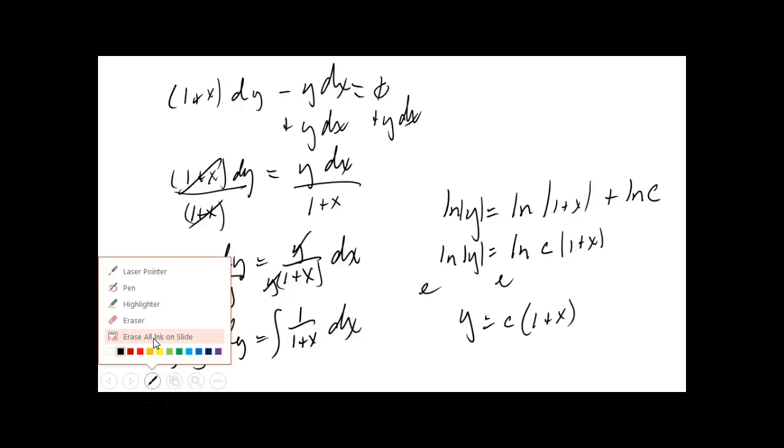So let's do example 2. I should have asked this before I erased it. Were there any questions about that? Okay. All right. This time they're giving you an initial value problem. Here we have dy dx is equal to minus x over y. Okay?